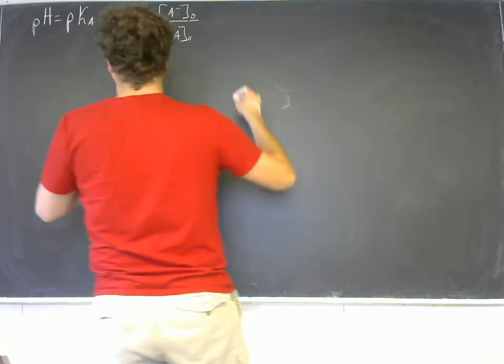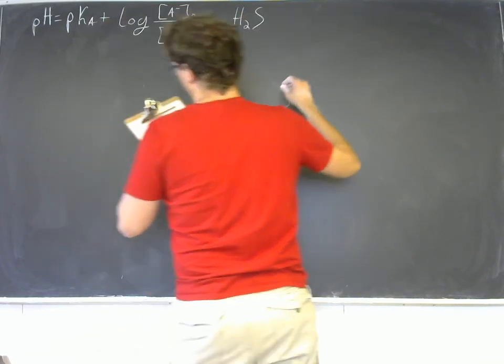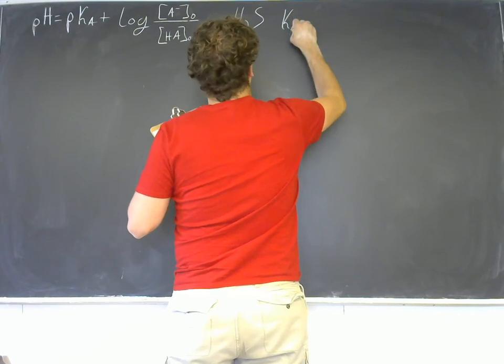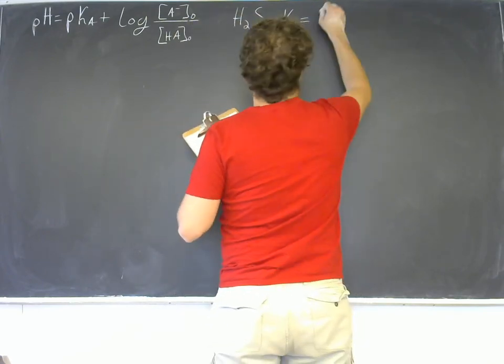Okay, so H2S is an acid with a Ka equal to 9.1 times 10 to the negative 8.